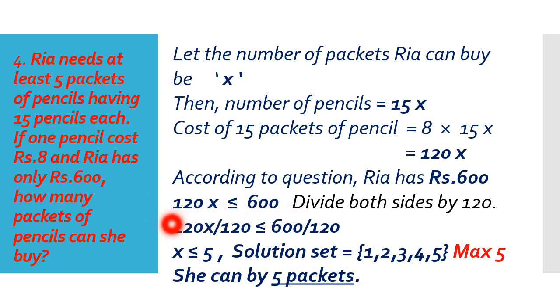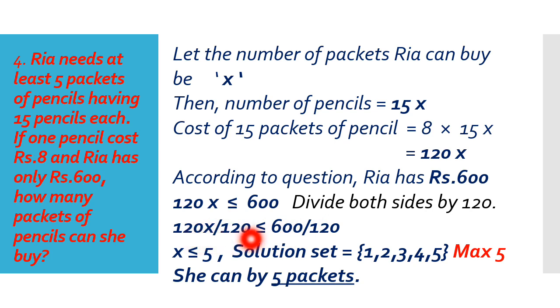Now we have this linear inequation, 120x is less than or equal to 600, so we divide both sides by 120. So 120x divided by 120 is x, and 600 divided by 120, so we have x is less than or equal to 5.